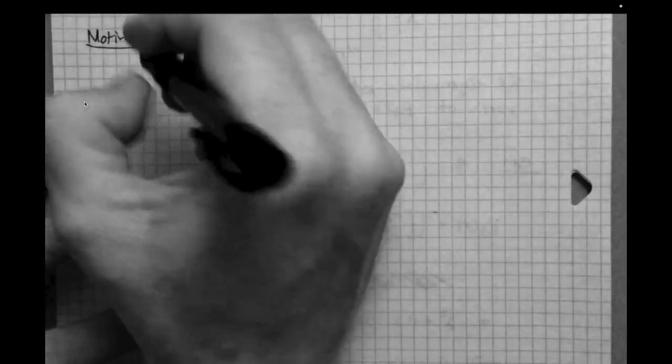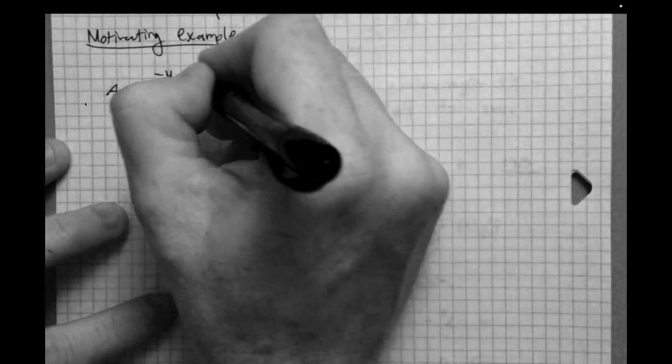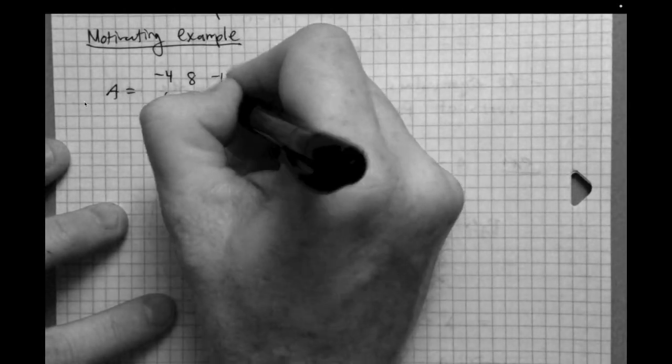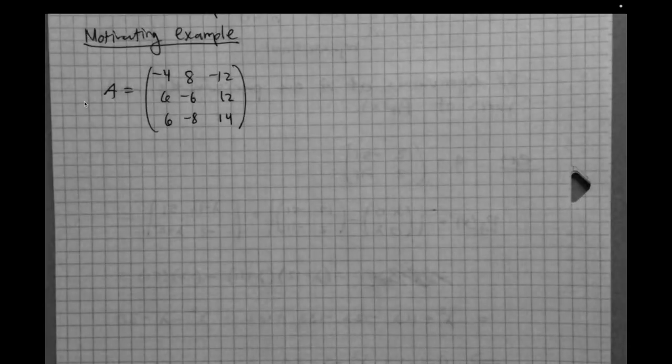Okay, so let's say we have A, and we'll reuse the A from our previous examples: -4, 8, -12, 6, -6, 12, 6, -8, 14. So we've got this familiar 3x3 matrix.